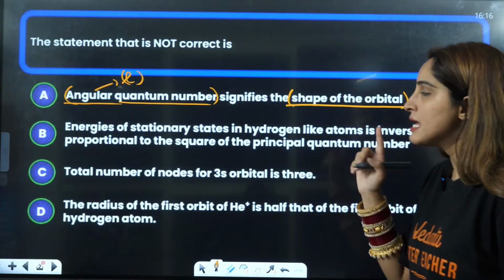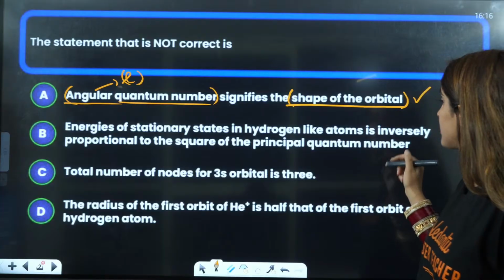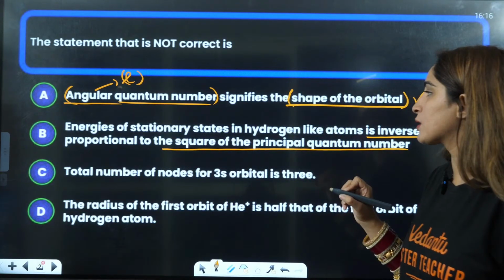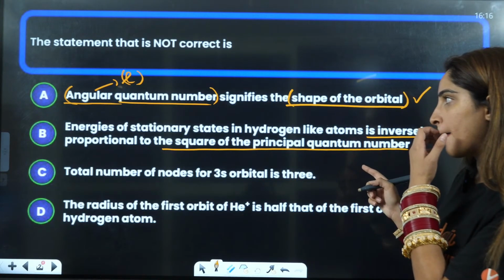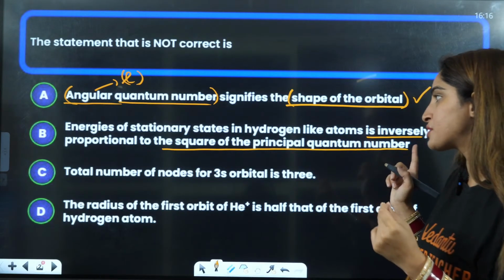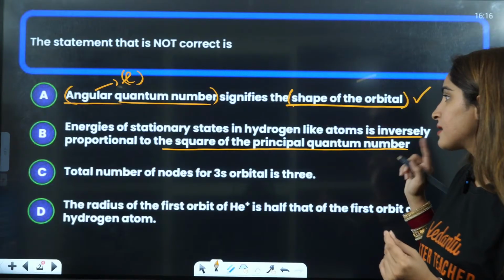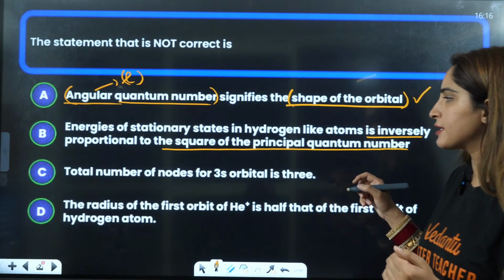That is correct. Next: energies of stationary states in a hydrogen-like atom is inversely proportional to the square of the principal quantum number. Yes, that is also correct.